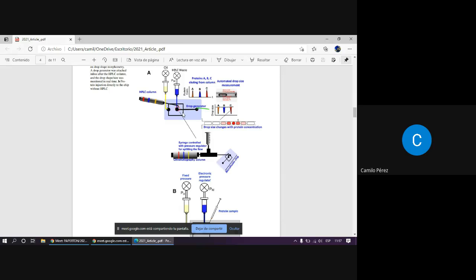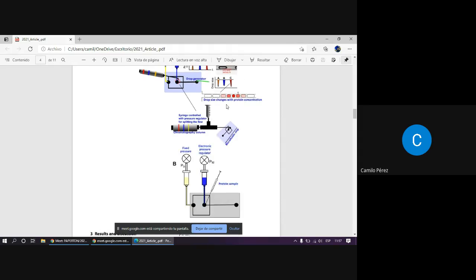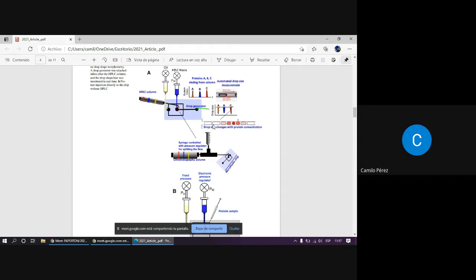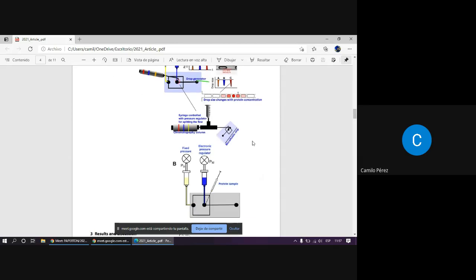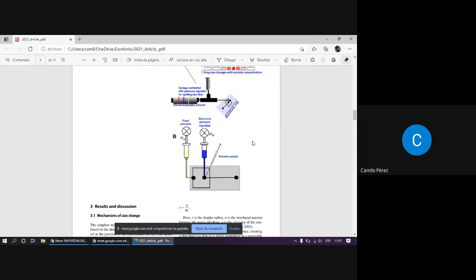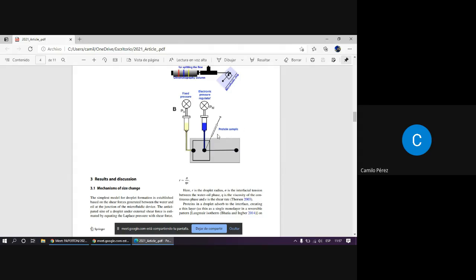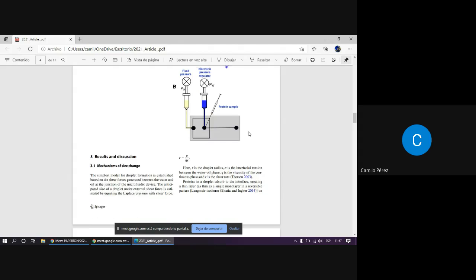It's conventional. Or after, they classify the droplets by the shape, on the weight. Okay, in figure B, they use the pressure or an electron regulation to control these flow rates and the protein sample.